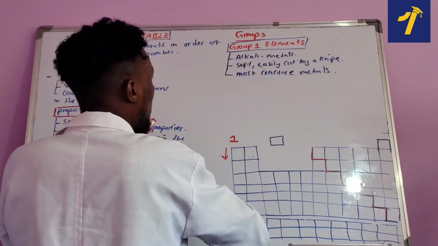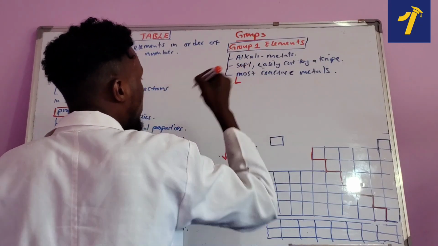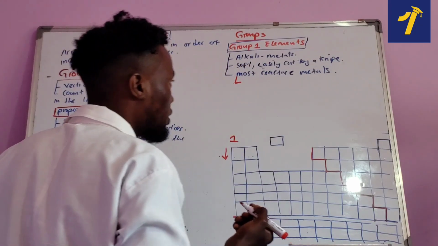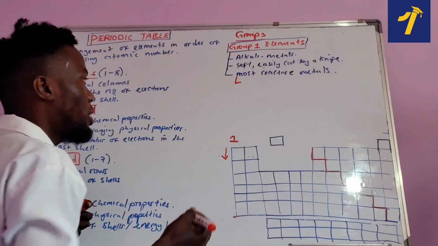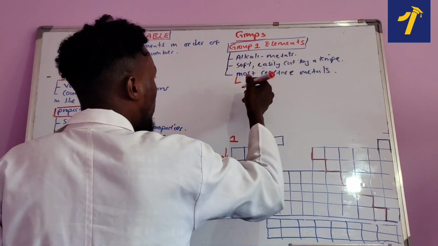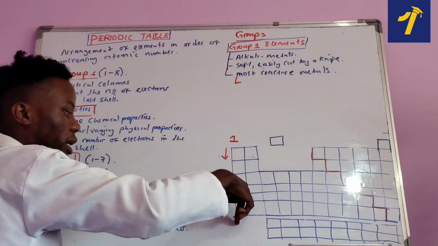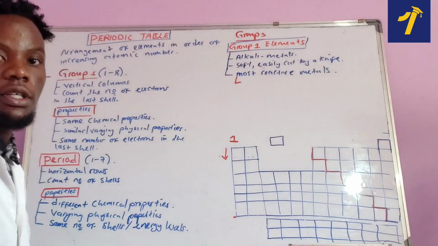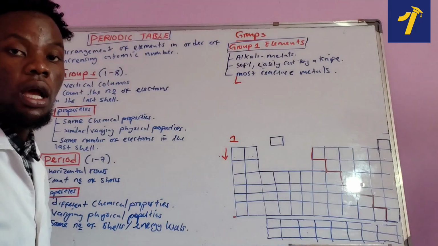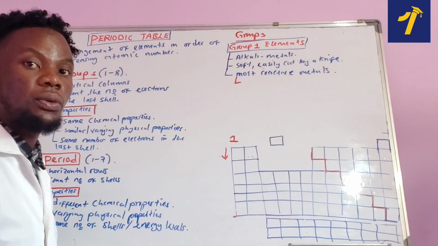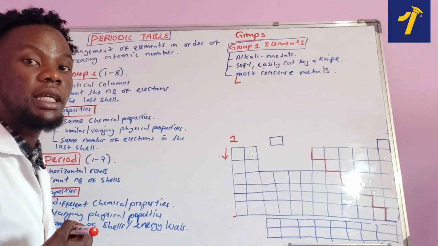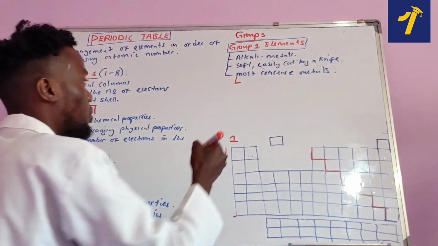So for you to know that this element is more reactive than the other in group 1, what do you follow? We follow the trend. So as you are going down the group like this, the reactivity is going to what? Increase. How reactive the element or the metal is going to be, what? Increase as you are going down the group.